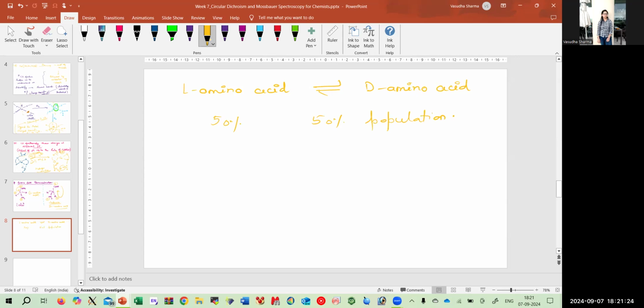So in that case, we should be able to know what is the amount of which isomer is present over there and what is their half-life. So there is a certain chart for half-life of certain amino acids.